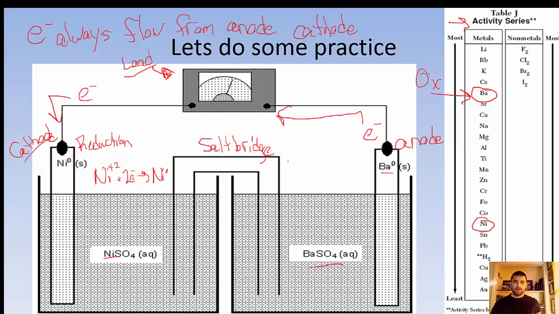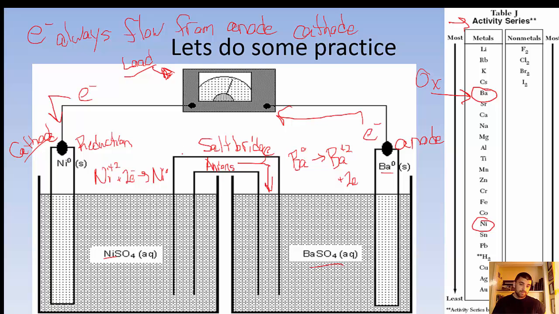Oh wait, backtrack. Barium, if that's being oxidized, I start off as barium 0, and it's losing 2 electrons. So I got those 2 electrons going through the wire and through the load on fire. They enter the cathode and reduce the cations. And the anions flow through the salt bridge back to where? The anode. So they're going back towards the anode.